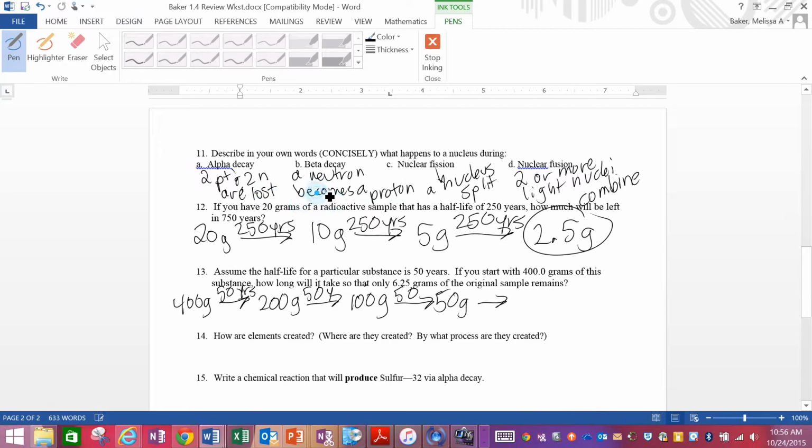After another 50 years, 25 grams. After another 50 years, 12.5 grams. And after another 50 years, 6.25 grams. So then we add up all of those 50s, 1, 2, 3, 4, 5, 6. 6 times 50 years, how many years total was that? The answer is 300 years.